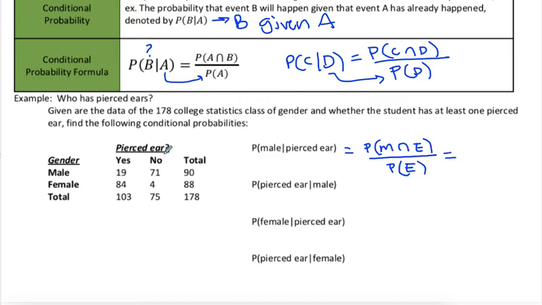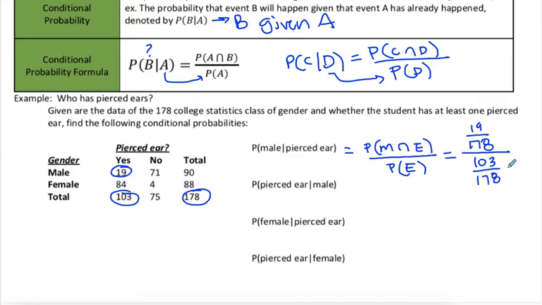The probability that it's male and pierced is 19 out of 178. I'm going to move that up so I already have my division. So 19 out of 178, divided by the probability that they have an ear pierced in general, 103 out of 178.